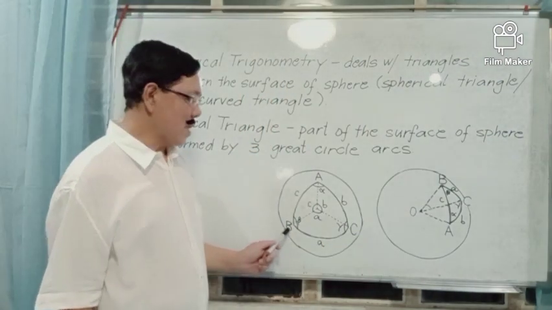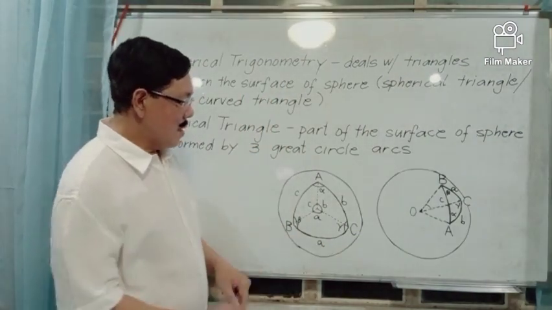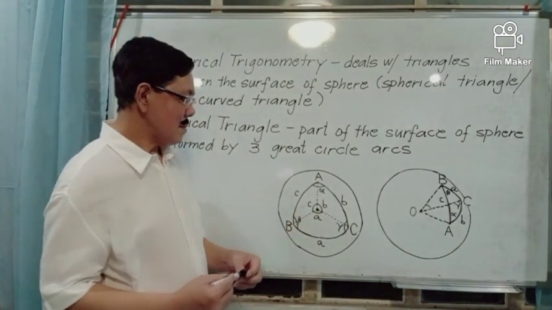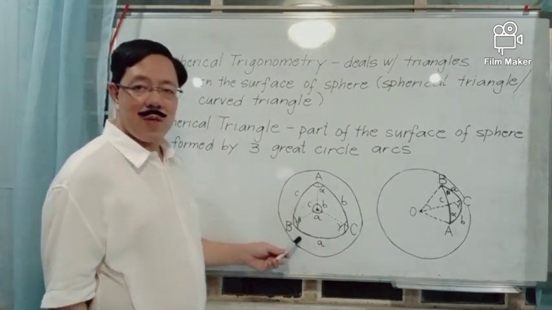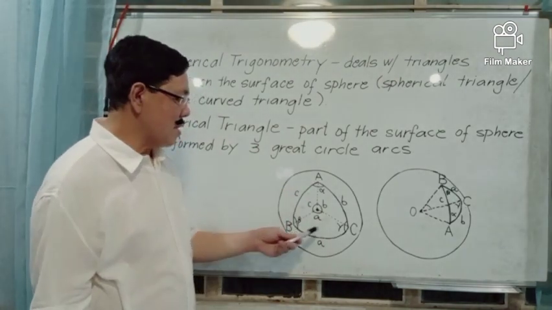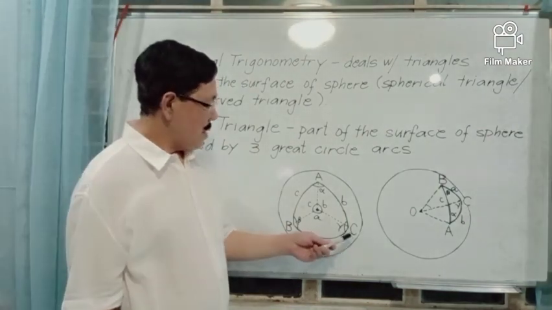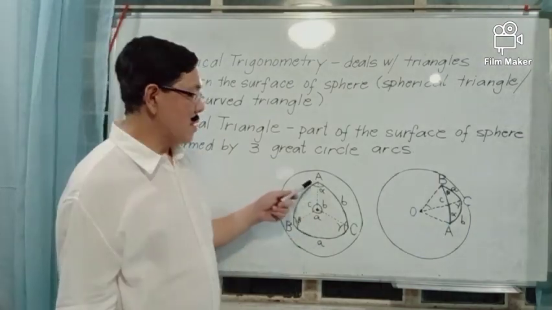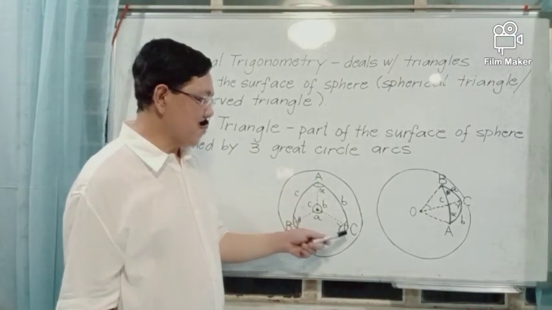Consider this spherical triangle. This is the center of the sphere. And the spherical triangle has vertices A, B, C, and 6 parts. The first 3 parts of the spherical triangle are the angles at each vertex.